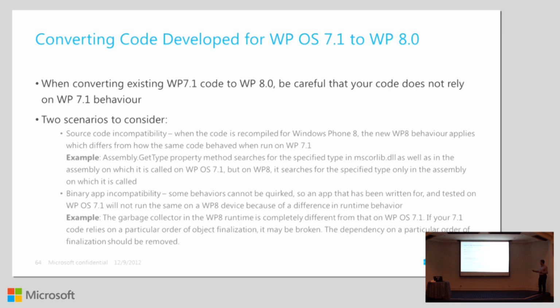In 7.0, it returned a false. So if you are using this API and you're expecting a false to be returned, but an exception is thrown, then your code might misbehave. So in these scenarios, what we do is we apply the 7.5 behavior and we return a false to you. Okay?